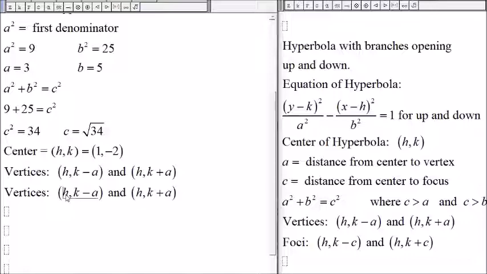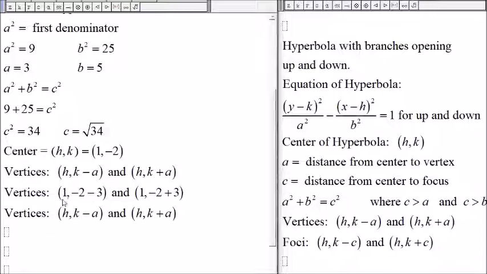So in the place of h, we have 1, and then k will have negative 2, and then a is 3. So this is 1, negative 2, plus or minus 3. So this is 1 and negative 5. And this is 1, and negative 2 plus 3 is 1.